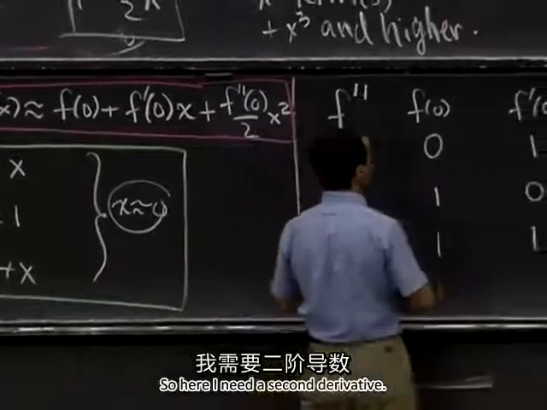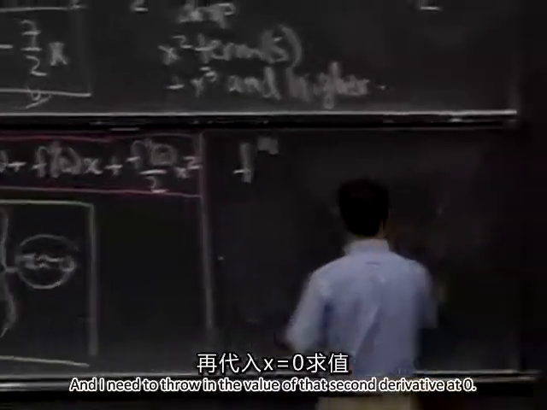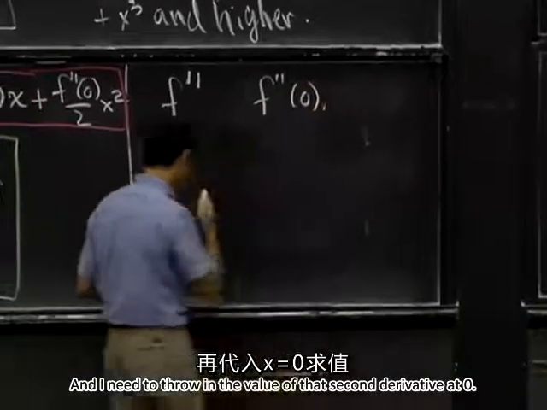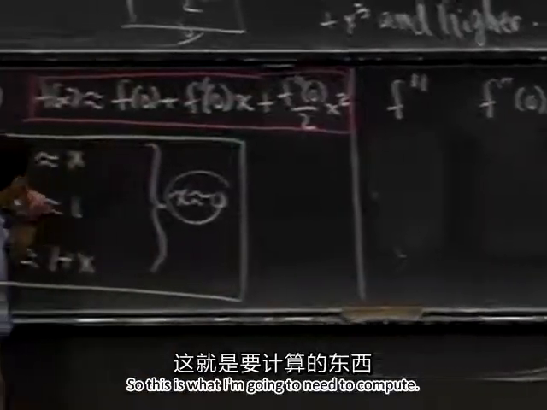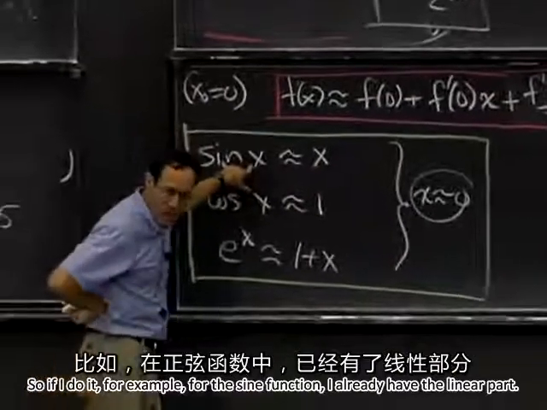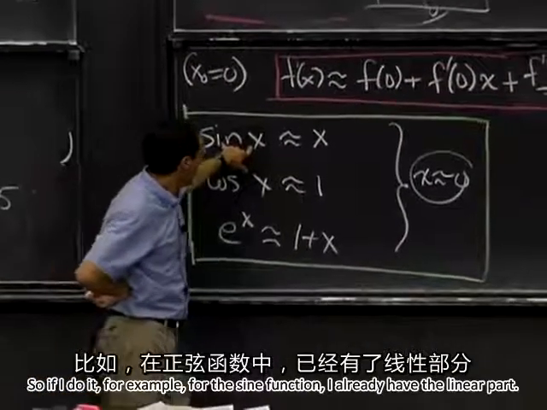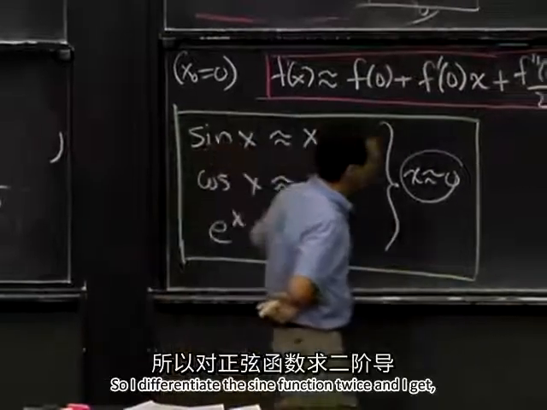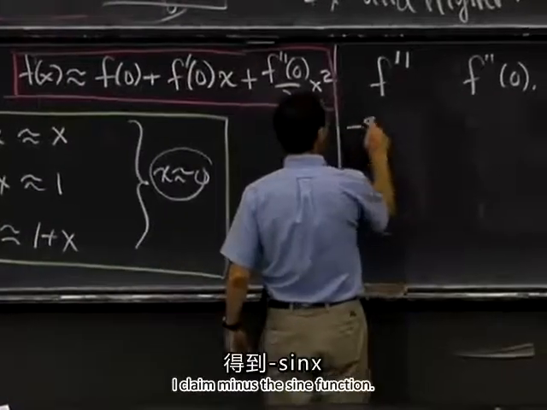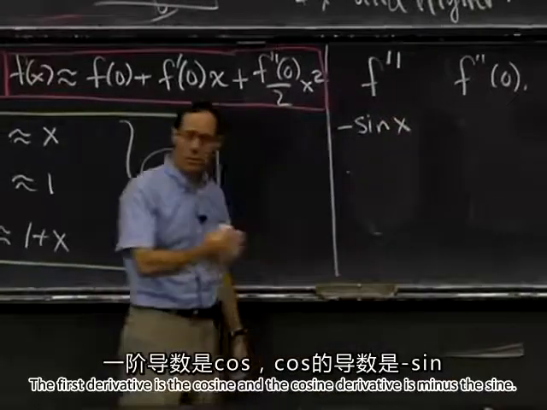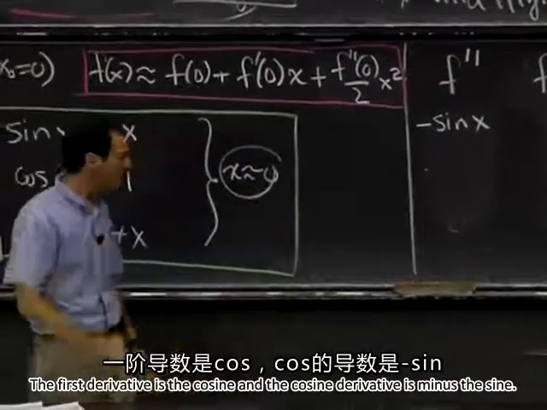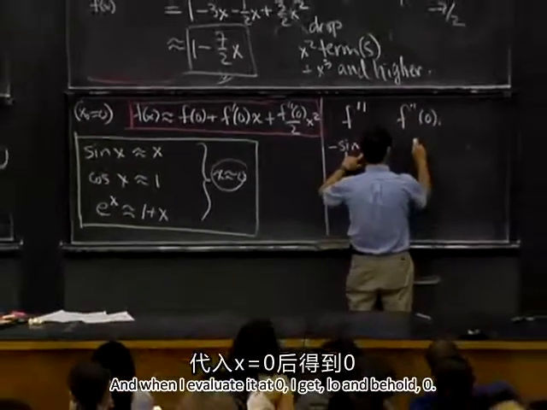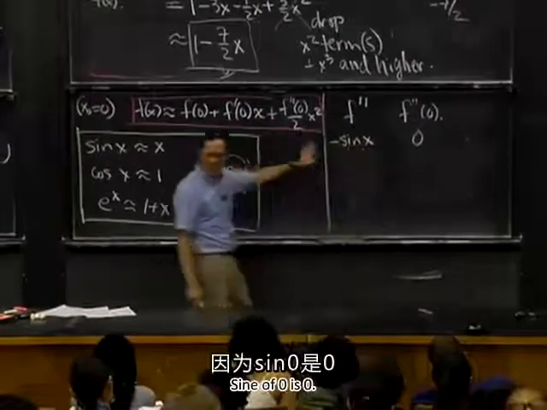So here I need a second derivative, and I need to throw in the value of that second derivative at 0. All right, so this is what I'm going to need to compute. So if I do it, for example, for the sine function, I already have the linear part. I need this last bit. So I differentiate the sine function twice, and I claim minus the sine function. The first derivative is the cosine, and the derivative of cosine is minus the sine. And when I evaluate it at 0, I get, lo and behold, 0. Sine of 0 is 0.